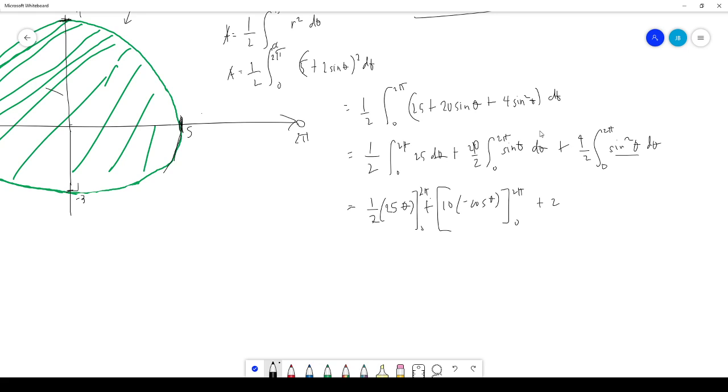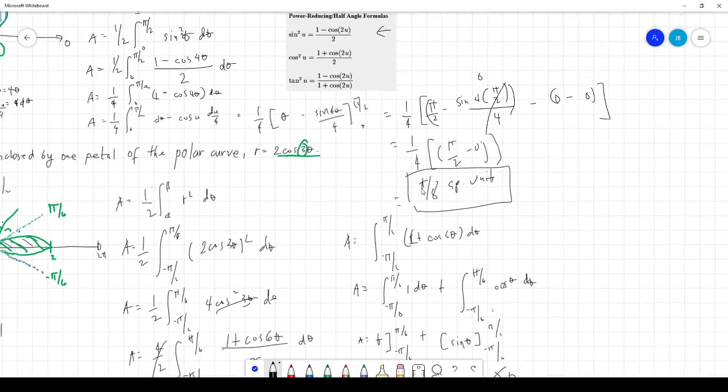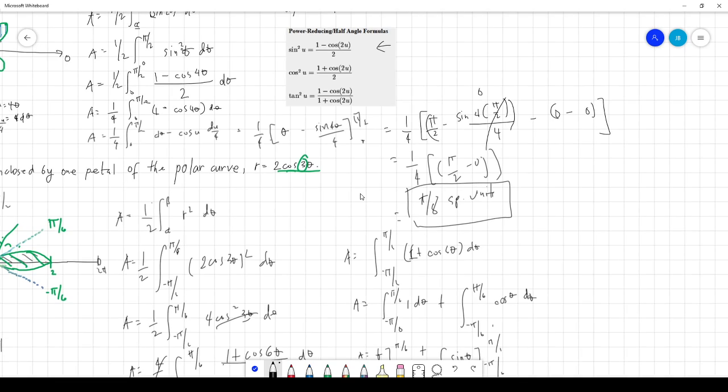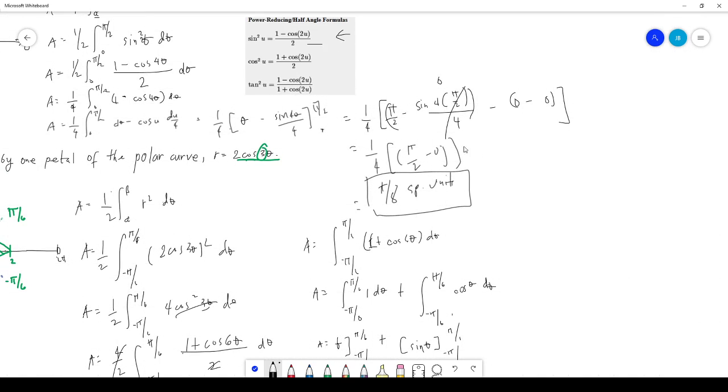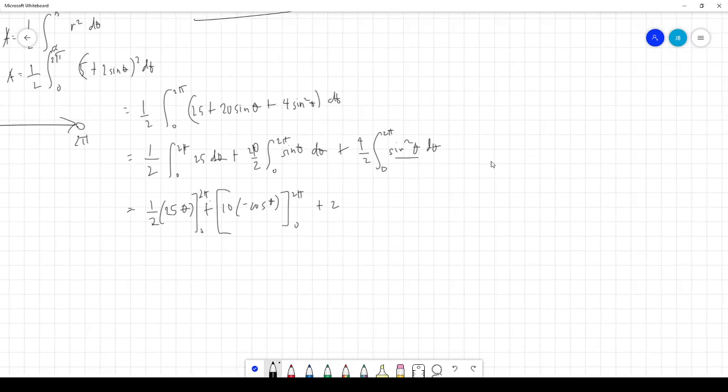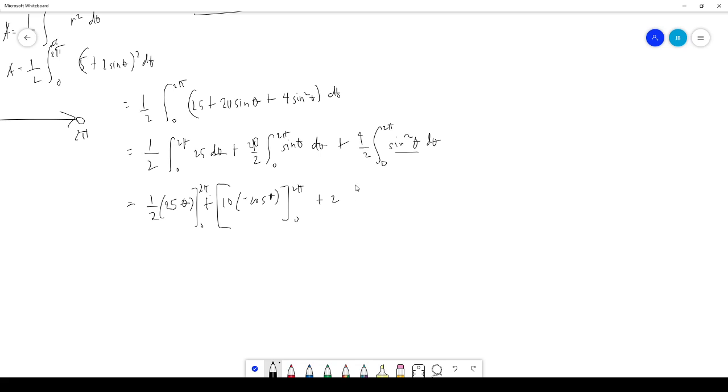Plus 2. Then for sine squared theta, let's use the power reducing formula. Sine squared is 1 minus cos 2 theta over 2. So 2 times 1 minus cos 2 theta over 2.